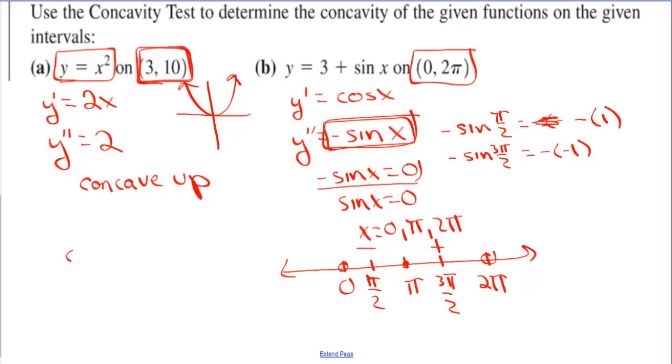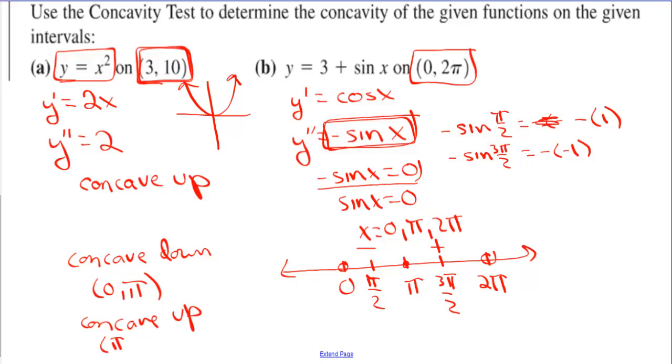So we say concave down on 0 to pi, and concave up on pi to 2 pi.